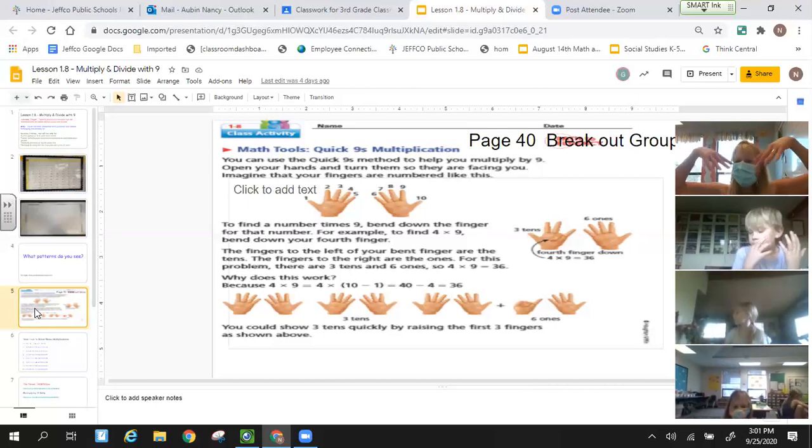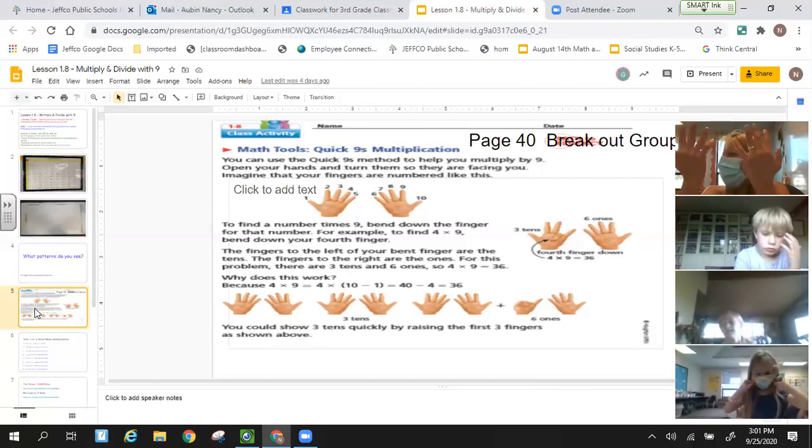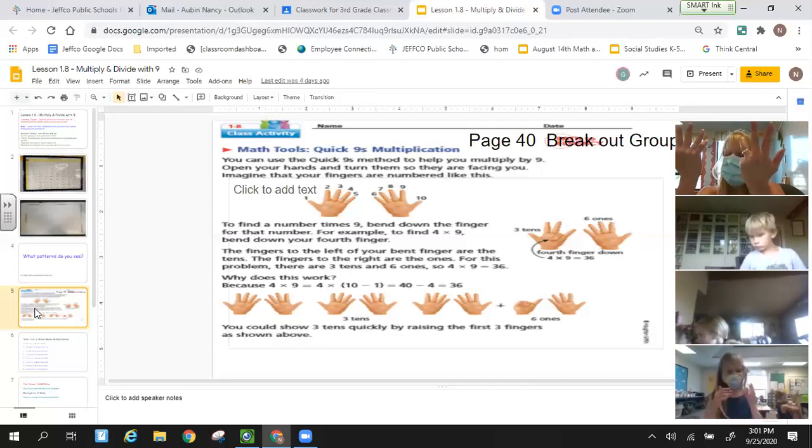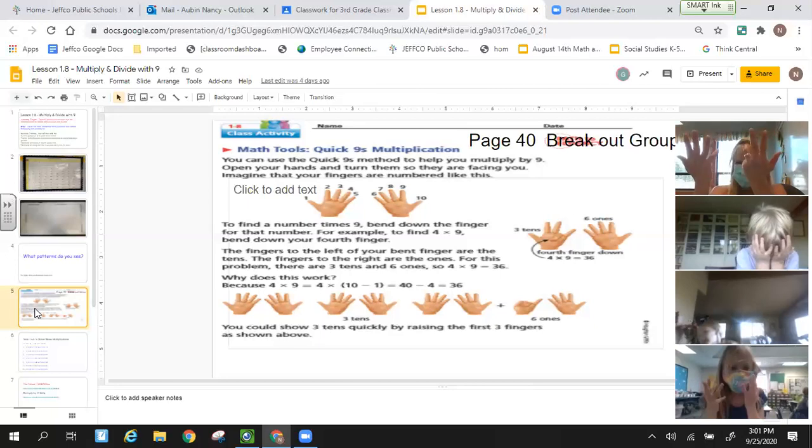Okay, try another one. Let's try 5 times 9. Ready, Charlie B? Put your fingers up. Let's put our 5th finger down. 1, 2, 3, 4, 5. Ooh, that one's hard. I can barely keep my 5th finger down. How many fingers are to the left? How many are to the right?